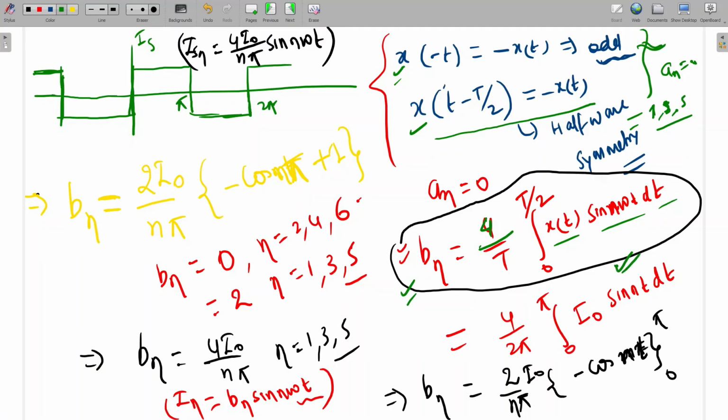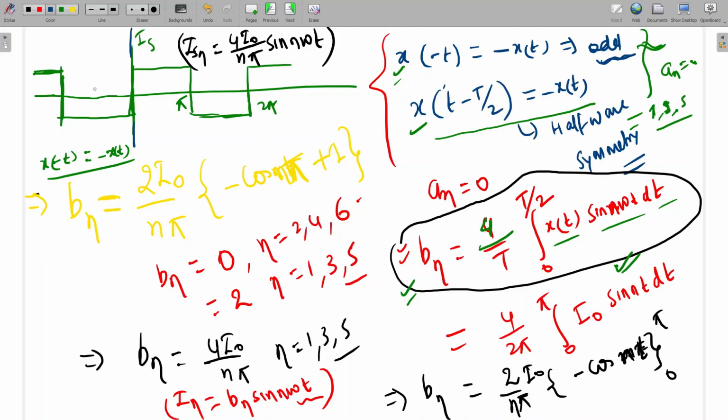Sir, one minute. Yes. How do we identify whether a signal is an odd signal? An odd signal has x(minus t) equal to minus x(t). If we do x(minus t), a mirror image will come, with respect to the x-axis.